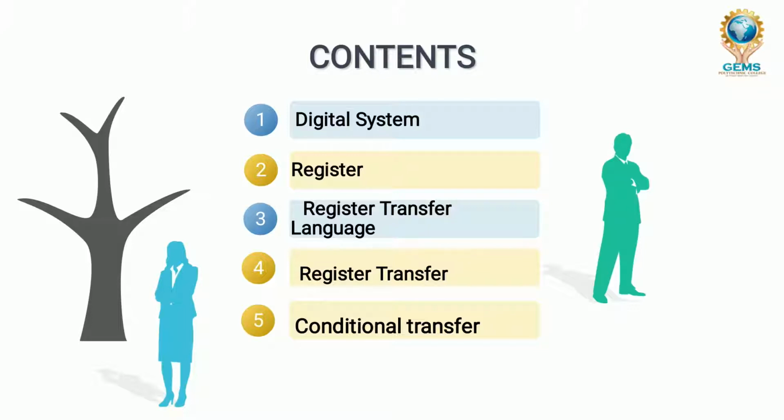This is part of register transfer language. That's why first we will discuss register transfer language. In that, the conditional transfer part will come. You will see it in a detailed manner.